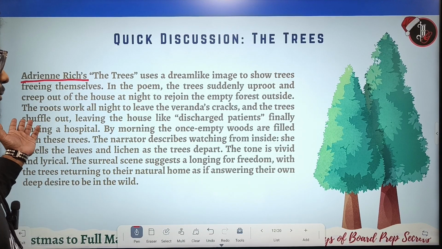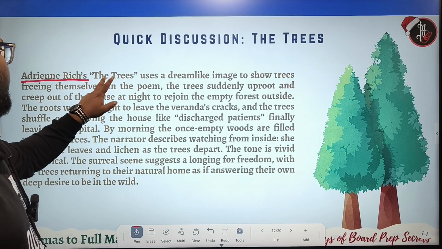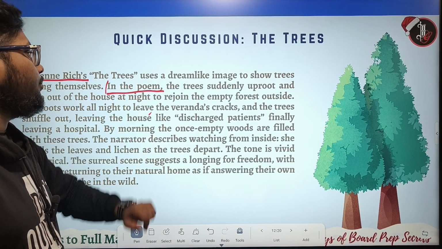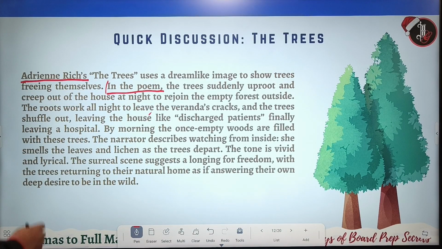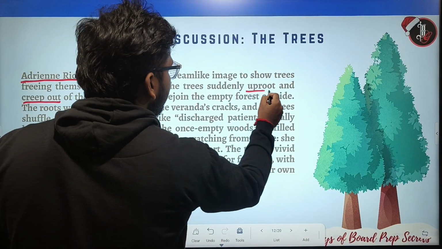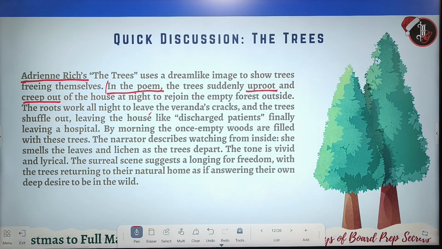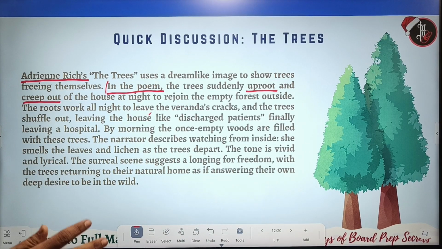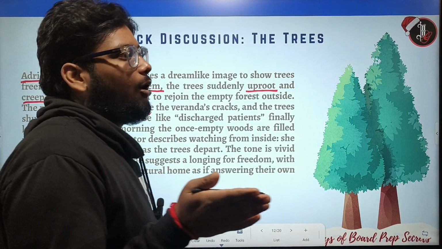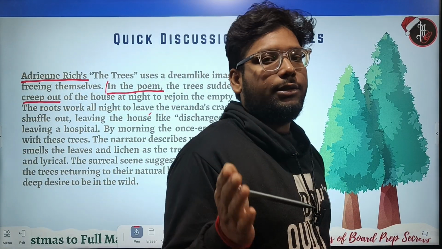So it's very clear from here in the poem. The trees suddenly uproot and creep out of the house. Creep out means walk out creepily. You all know what uproot is. Out of the house at night to rejoin the empty forest outside. So we all know what the natural habitat of the trees is.